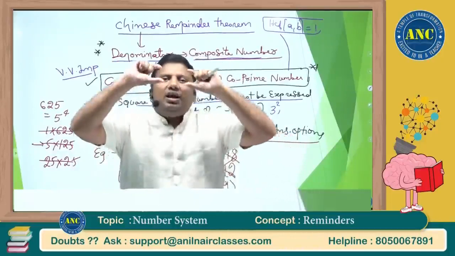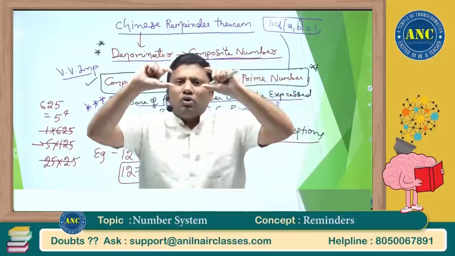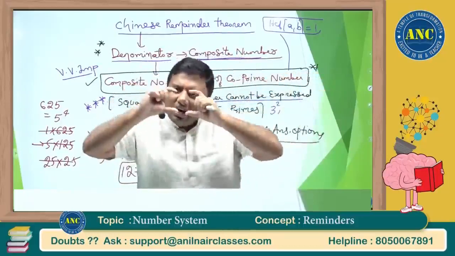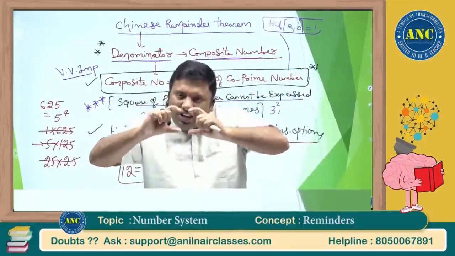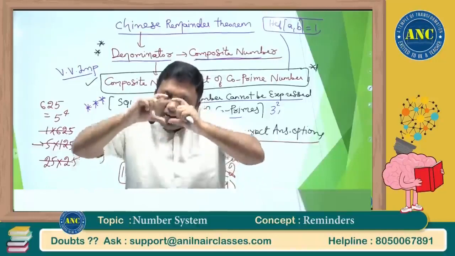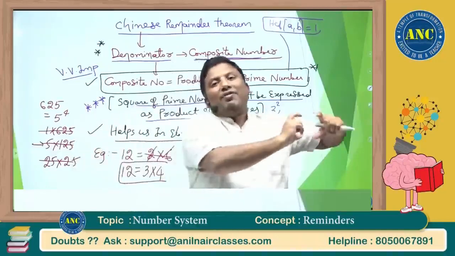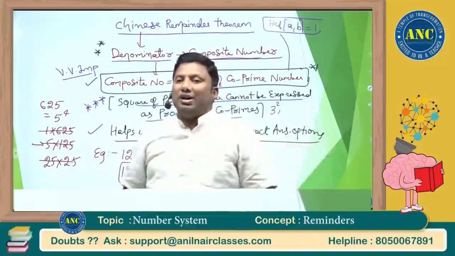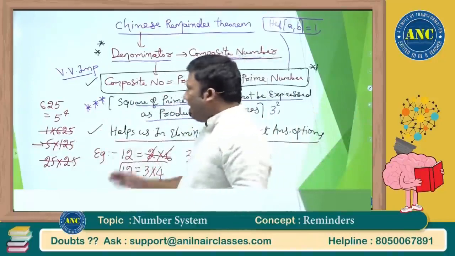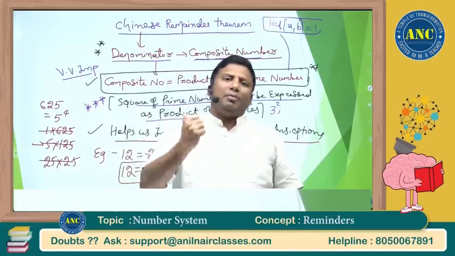That is the reason the divisibility rule of 2 is different from 4, 8, 16, 2 power n. Divisibility rule for 3 square, 3 cube are also different. Divisibility rule for 5, 5 square, 5 cube, and so on are different. For a composite number, I just started with the square of a prime number.